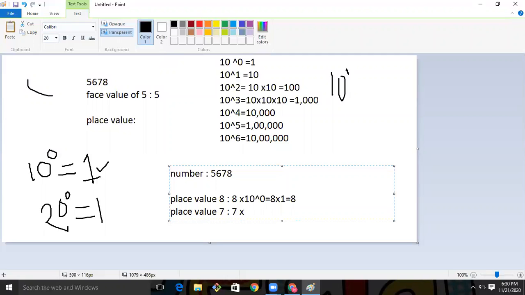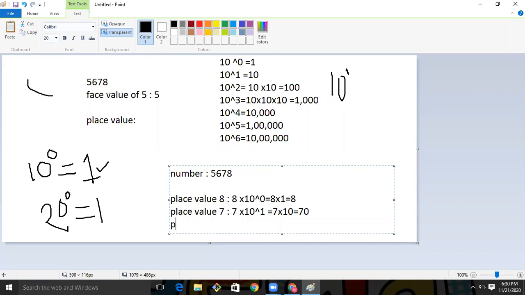So that is the reason we have to multiply with 10 power 1. What does 10 power 1 mean? 10 to the power of 1 means 10. So 7 tens are how much? 7 tens are 70. So the place value of 7 is 70.